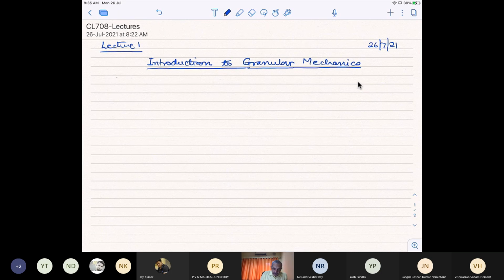So, what is granular material? So it's basically, you can say, a collection of particles.